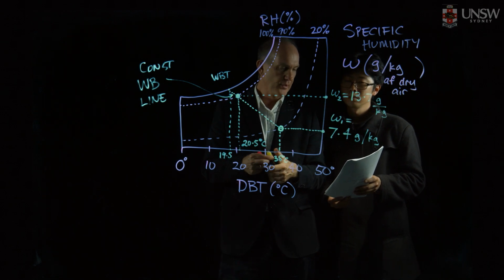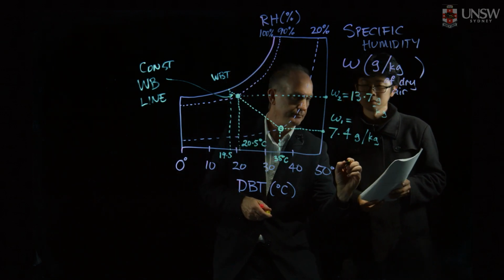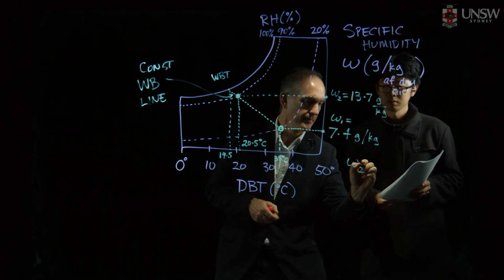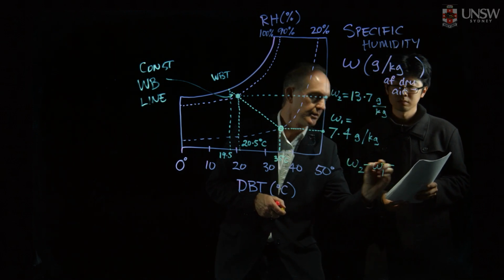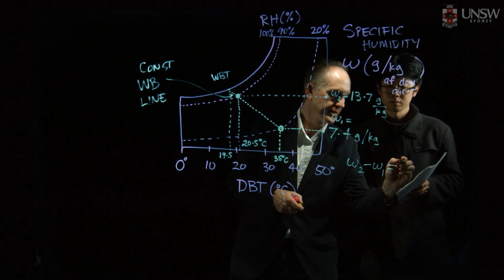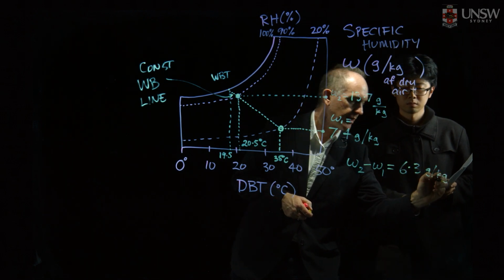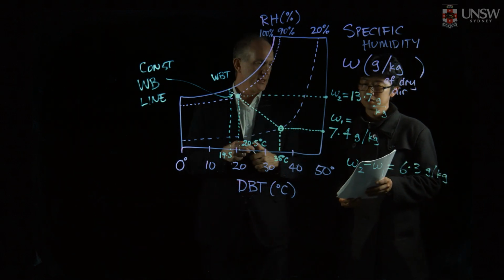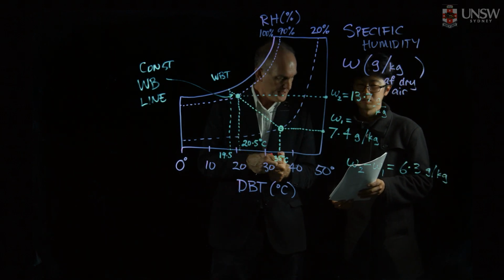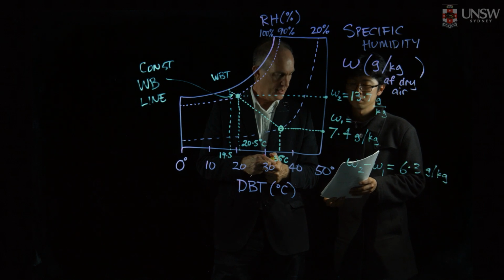So if we look at the difference, omega 2 minus omega 1, that's going to come out at 6.3 grams per kilogram of dry air. So that's a useful number for us, but we still need to know something else.